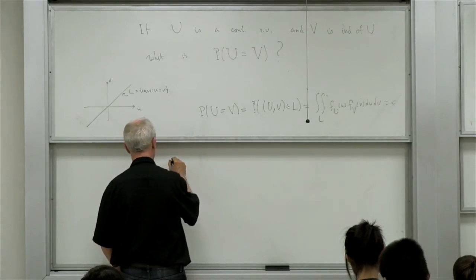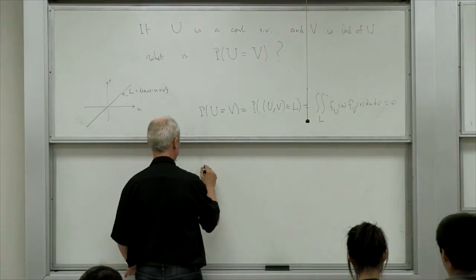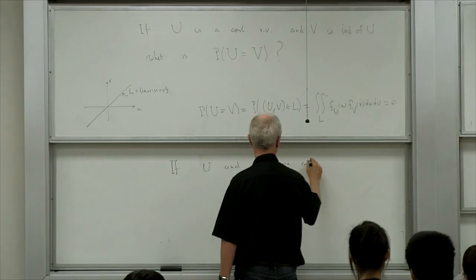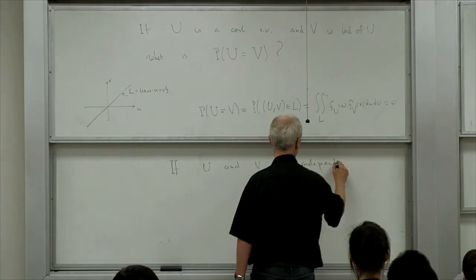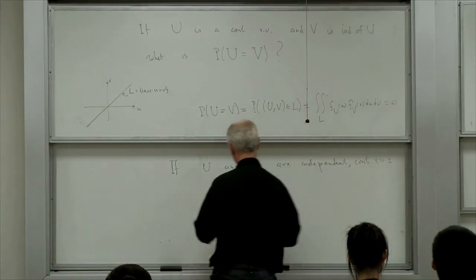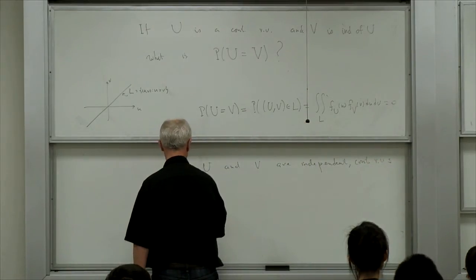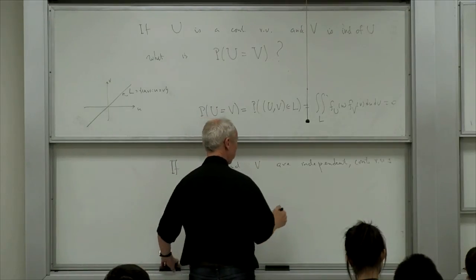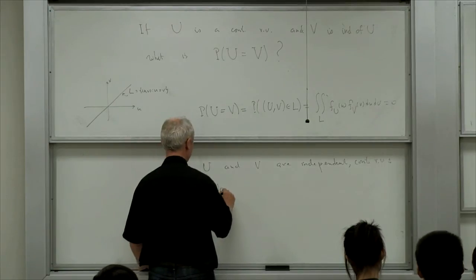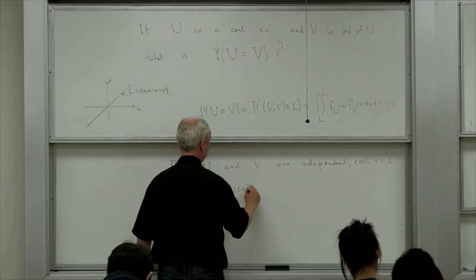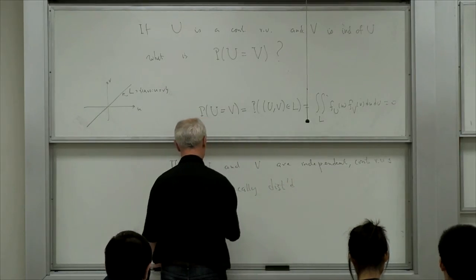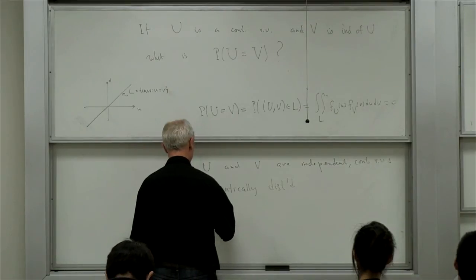So for example, if U and V are independent continuous random variables with the same distribution, identically distributed, I guess I could have said IID, what's the probability that U is less than or equal to V?